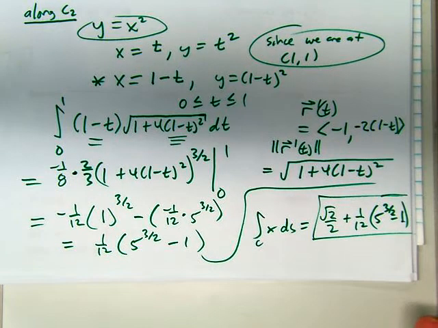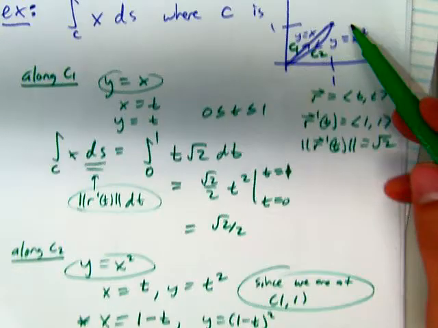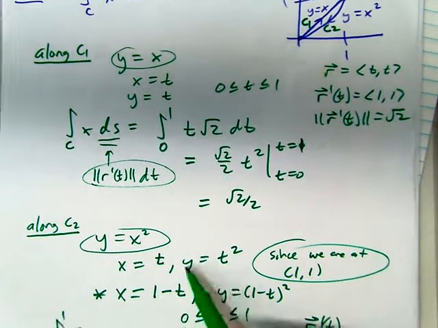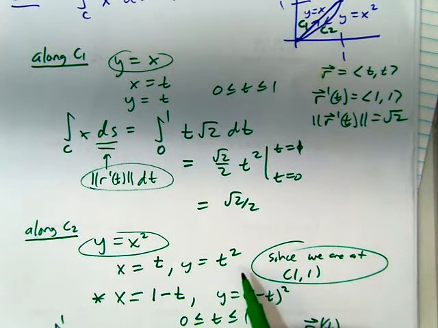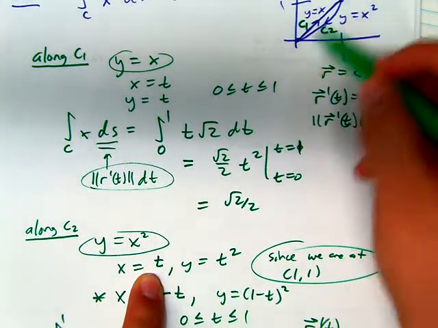Now, interestingly enough, I did want to show you how to keep or preserve the direction. It actually, in this particular example, wouldn't have mattered if we just kept it as t squared and then even went backwards here.